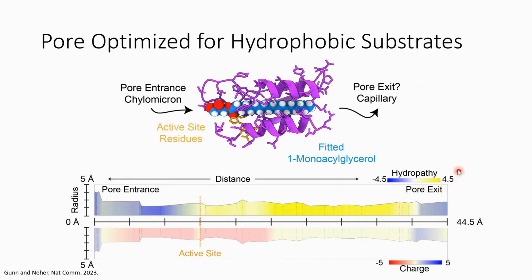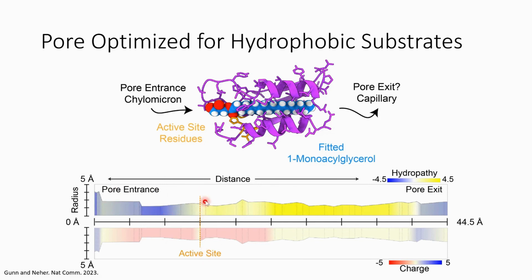If you have a very positive number, that's very hydrophobic, so that's in yellow. And if you have a negative number, that's very hydrophilic, so that's in blue. What I hope you can see is that when we start off here at the pore entrance, which is the side that is next to the LPL lid, so this is where the triglyceride substrate would enter the protein, we have a slightly hydrophilic area.